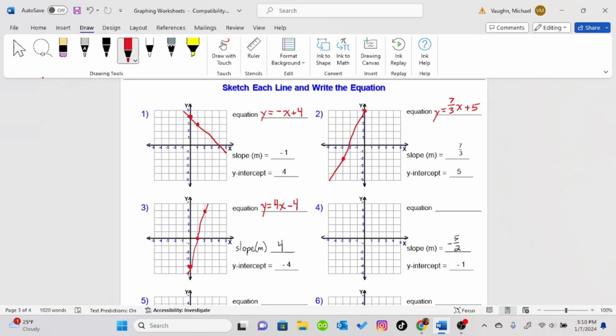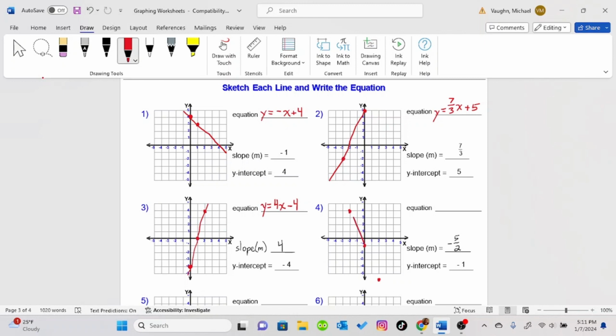Number 4, we see that the y-intercept is -1, so we put our point at -1. The slope tells us to go down 5, right 2. And we could put a second point right here. We could also do the opposite, which would be up 5, left 2, and we would find the previous point.